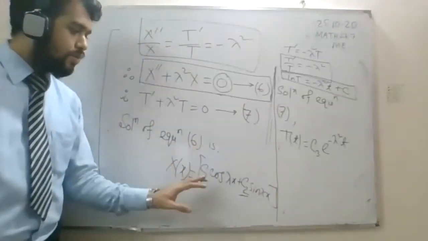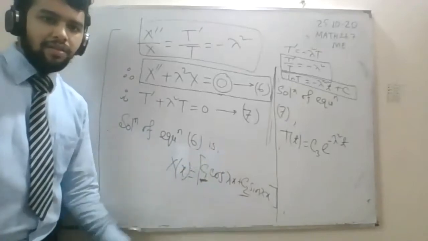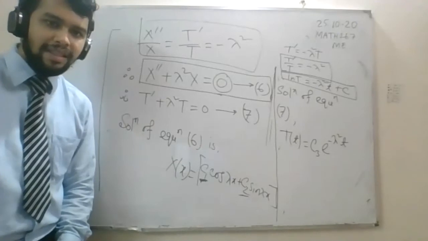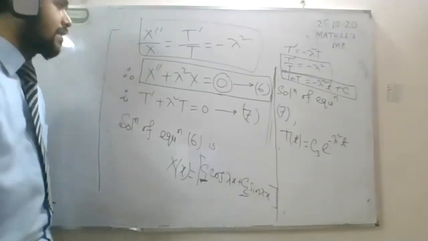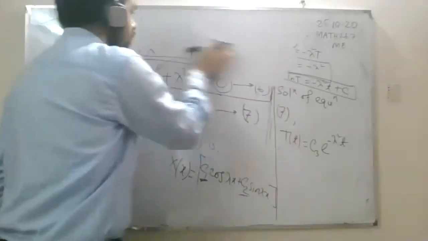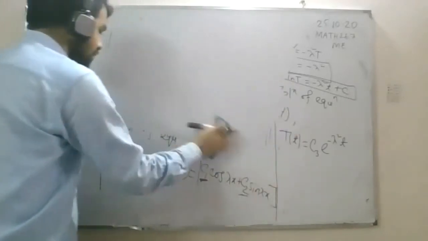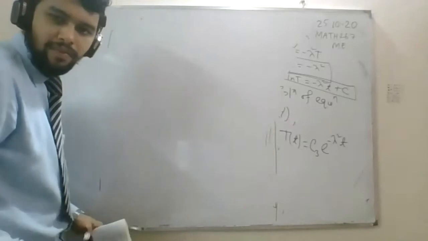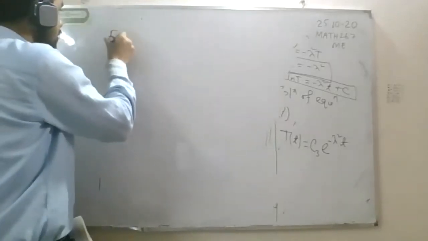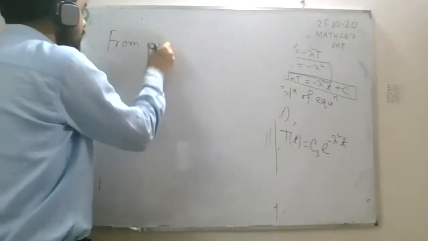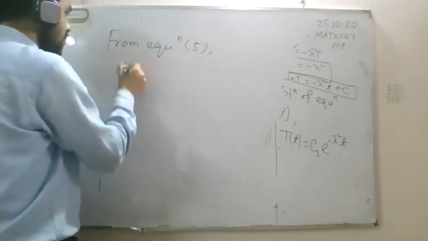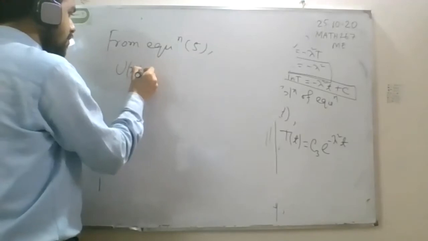Now you have to put this solution in your equation 5, which means u(x,t) equals X(x) T(t).